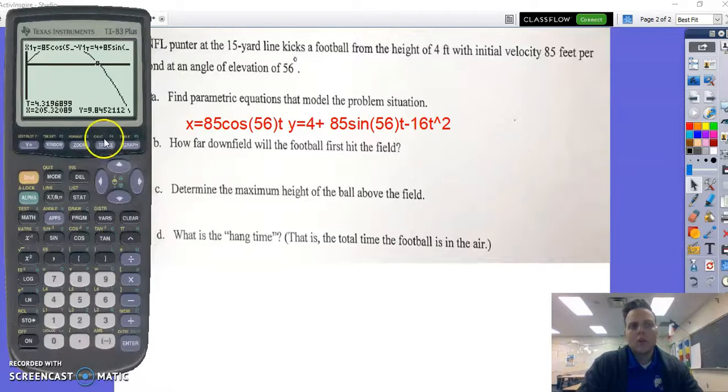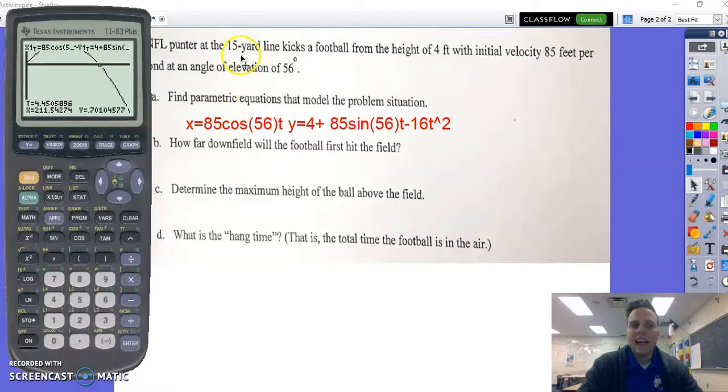Alright, so we're looking again for where y becomes 0, 0.7, and then negative. So it seems that this is going to be the closest to y being 0 that we're going to get. The question is how far downfield, which is a horizontal direction, so it traveled 211.5 feet.